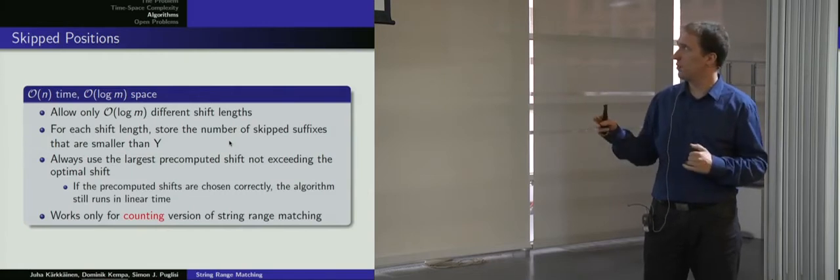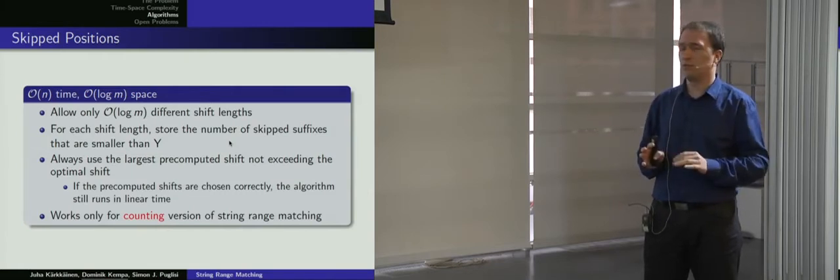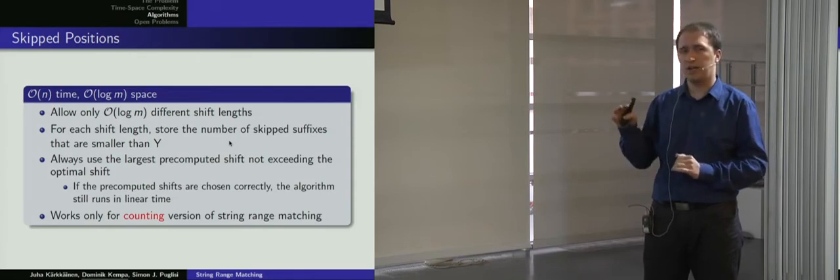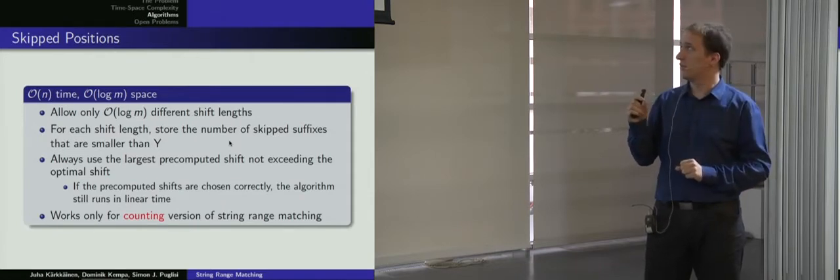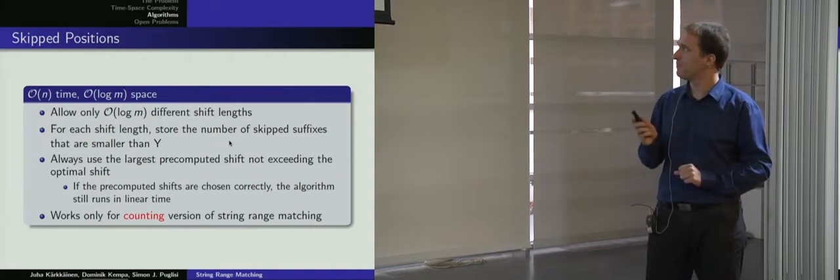And if we pre-compute those shifts correctly, this algorithm still runs in linear time. And by correctly, I mean that they have to cover the range from 1 to m evenly in the multiplicative sense. So the ratio between consecutive shifts has to be constant.